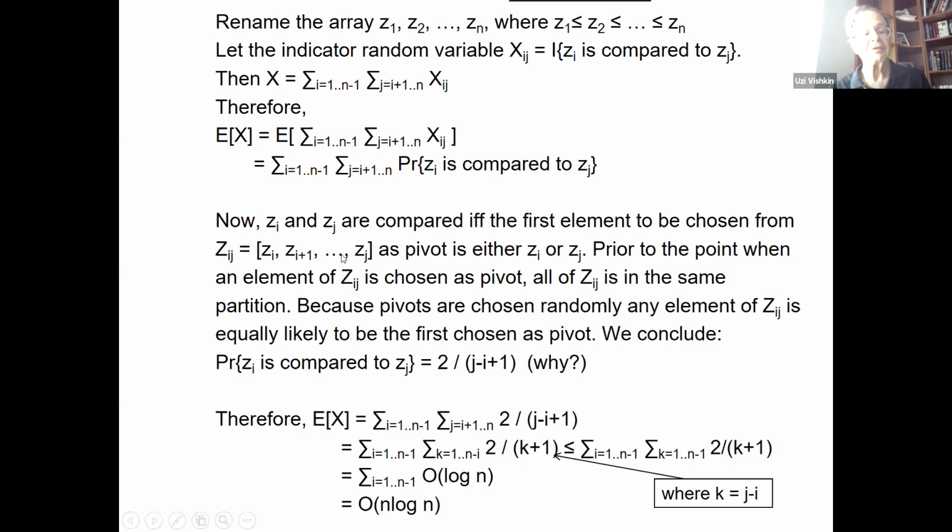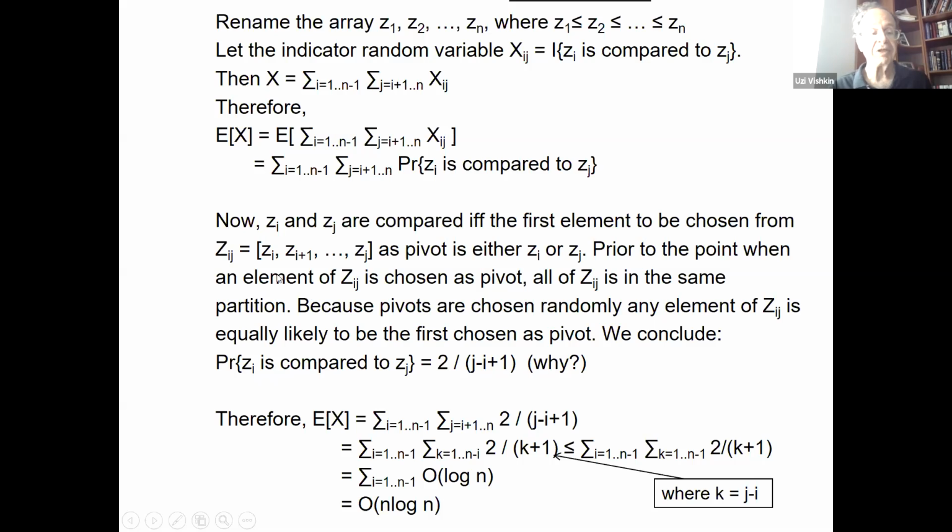The answer is equal probability for any of the j minus i plus 1 elements. How many elements do we have in this range? The answer is j minus i plus 1. How many of these choices will result in a comparison of Zi to Zj? The answer is 2 out of j minus i plus 1.